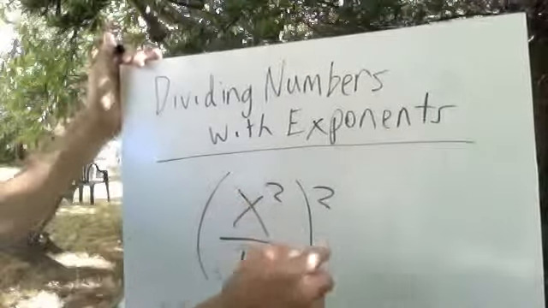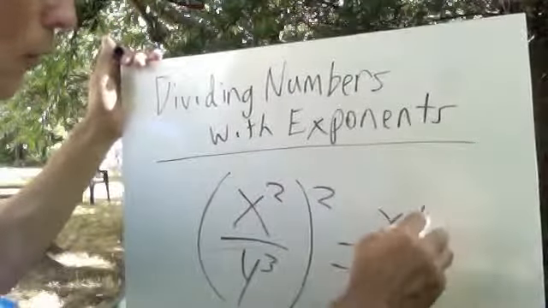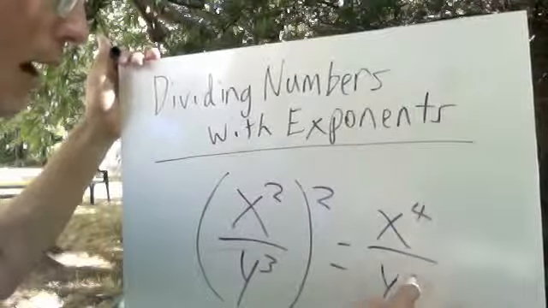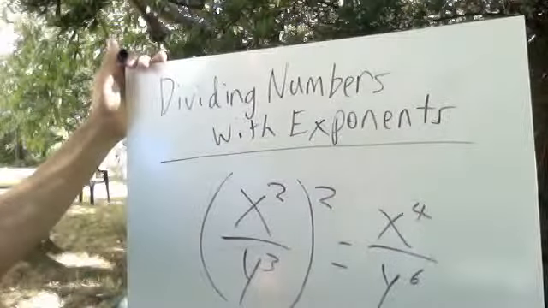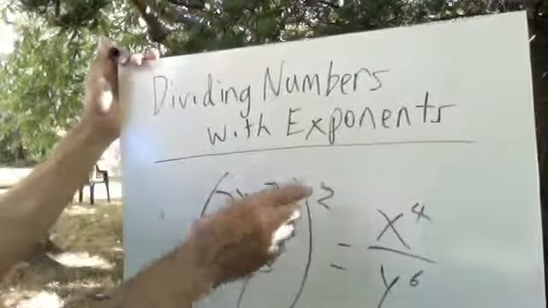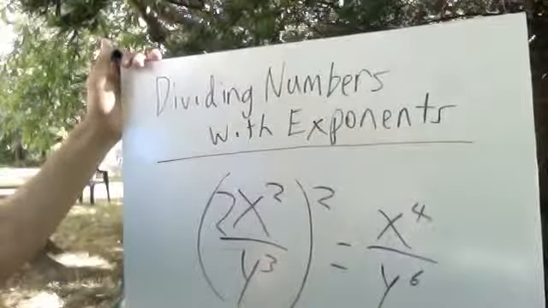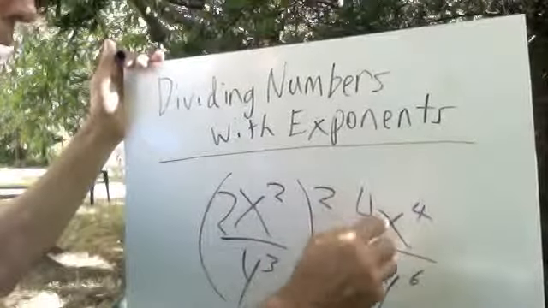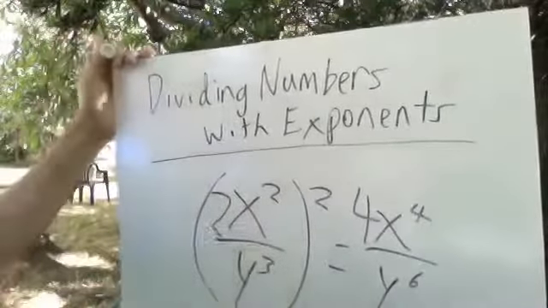So it's going to be x to the 4th over y to the 6th. Okay? If there was a number inside here, that would also get squared. So then it would be 4x to the 4th over y to the 6th.